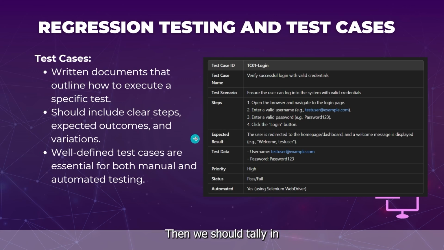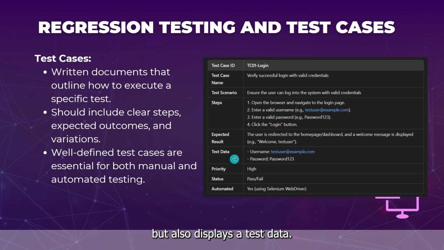Then we should tally what the expected result is after this authentication. The user should be redirected to the homepage so he can access the website that was locked before, and display a welcome text like this. For example, welcome test user.